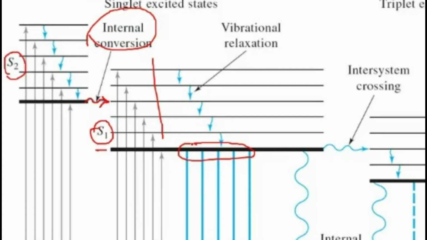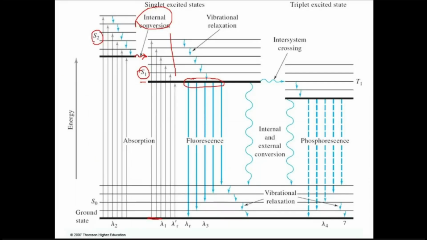From the lowest vibrational energy level of S1, there are two possibilities. One, they will emit a photon, give fluorescence, and jump to one of the vibrational levels of the ground state, S0. The other possibility is internal and external conversion.